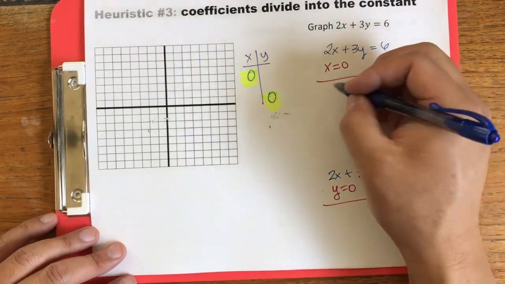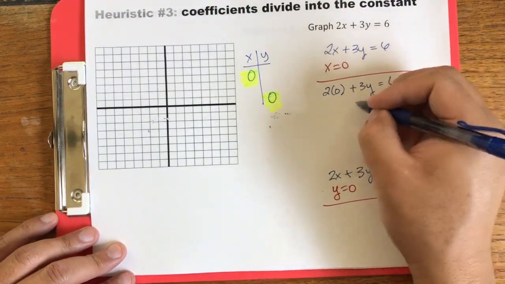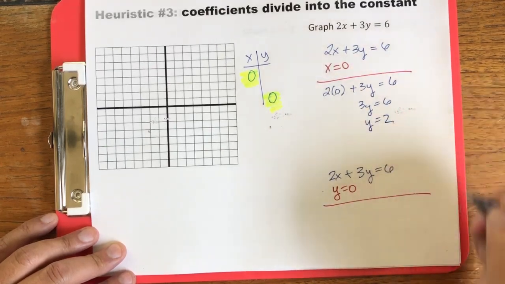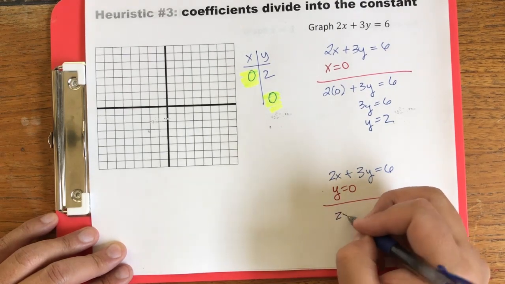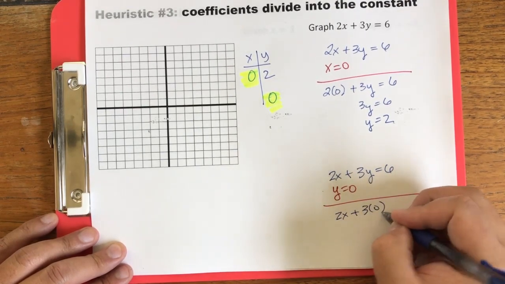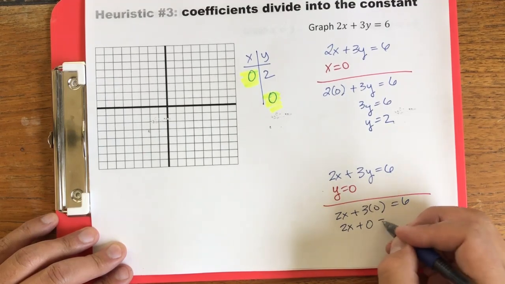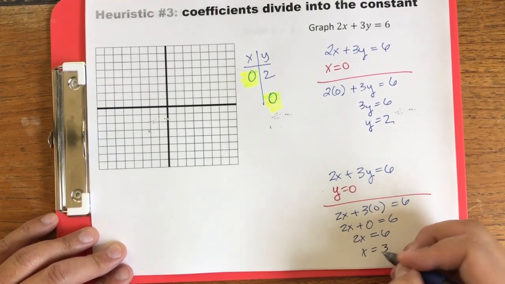So let's plug this in. 2 times 0 plus 3y is equal to 6. 3y is equal to 6. y is equal to 2. And in this case, 2x plus 3 times 0 is equal to 6. 2x plus 0 is equal to 6. 2x is equal to 6. x is equal to 3.